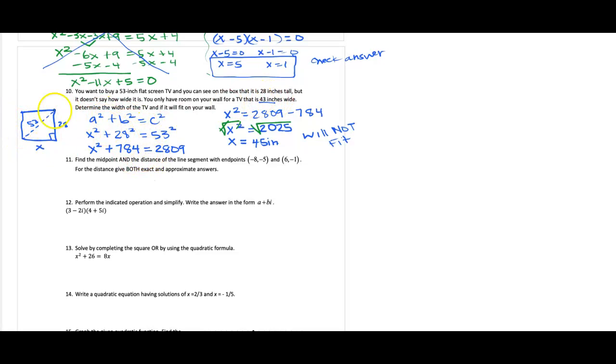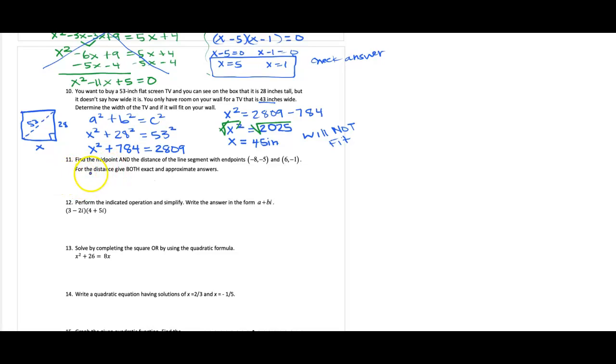So that's why I say always draw a picture of what you have, what's given to you. And then this last part is just to check it against this. Well, 43 is smaller than this, so it won't fit. All right, and make sure you remember to use your labels, like inches or feet, whatever the units might be.